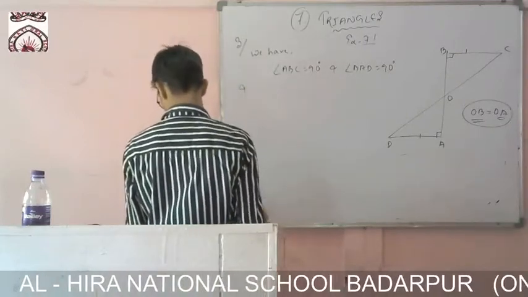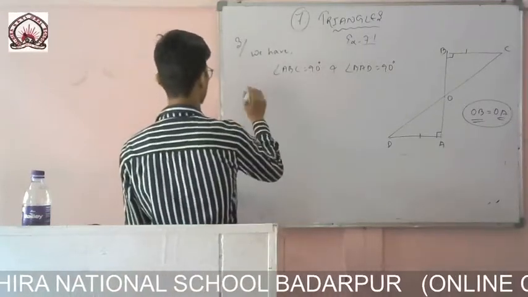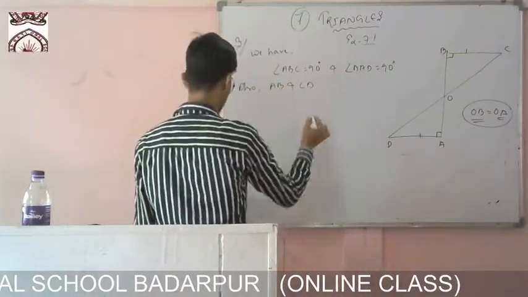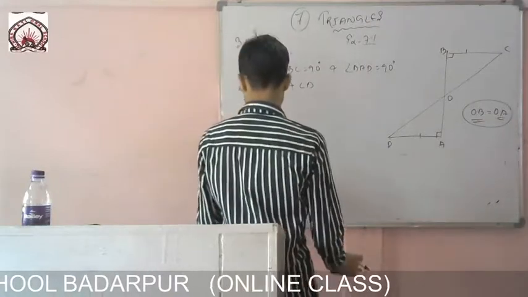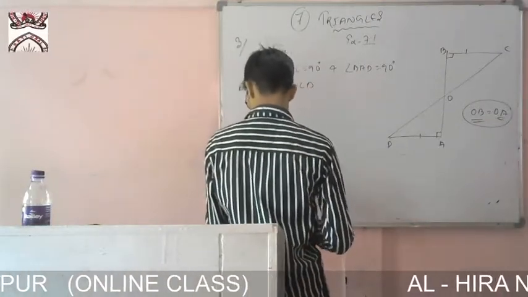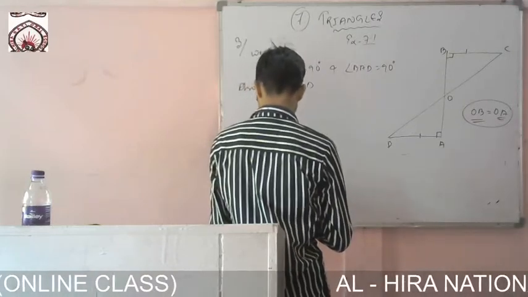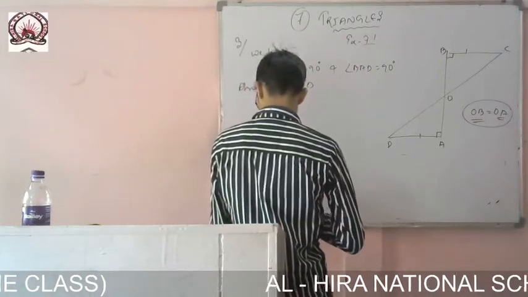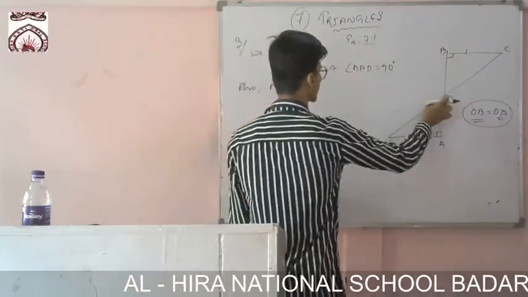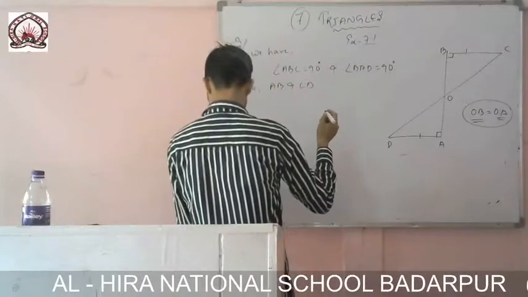And what else is given? You write also AB and CD intersect at O. So AB and CD intersect at the point O.